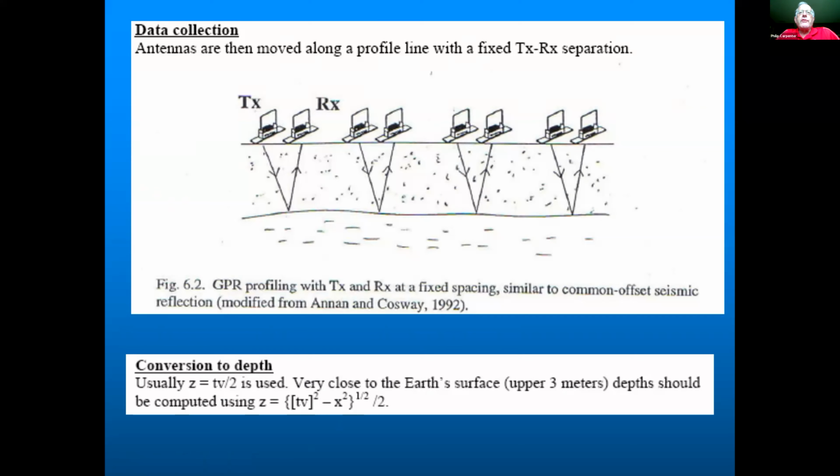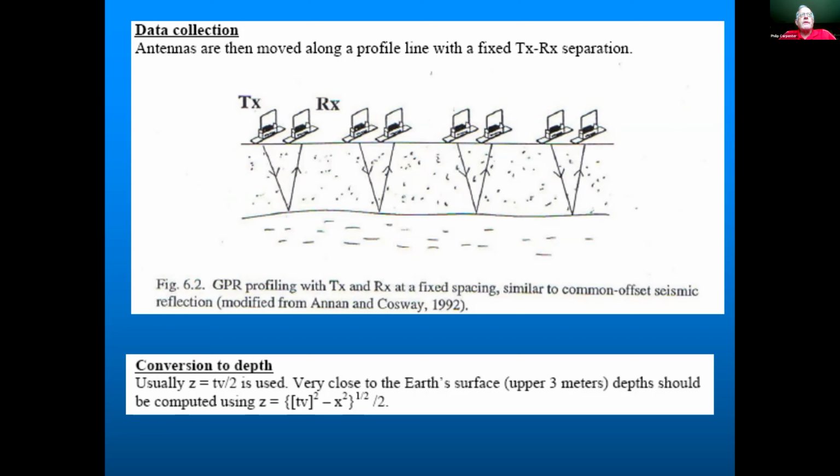And again, most of the GPR is done on carts nowadays, although on a landfill, I'm not sure that would work so well. So we've actually used, at Orchard Hills, I think we used 100 megahertz, 50 megahertz, and we even used the 25 megahertz antennas. 25 megahertz antennas are really large.